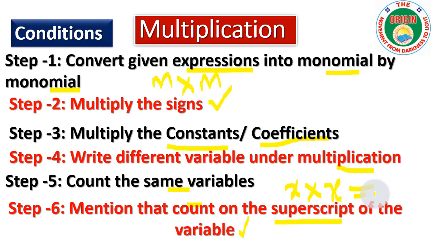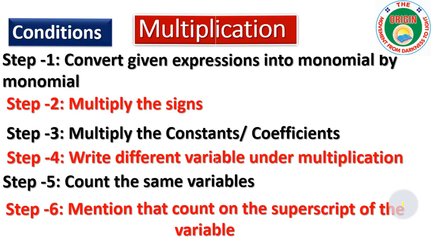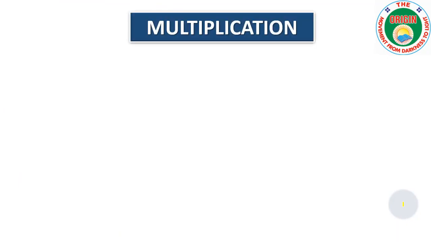How many x are here? 2. Then you should mention that number 2 at the power place, that is the superscript place, that is x into x equals x square. This place is nothing but the superscript place, that is a power or exponent or index. These are the rules applied to do the multiplication. Coming to the first model, monomial by monomial.